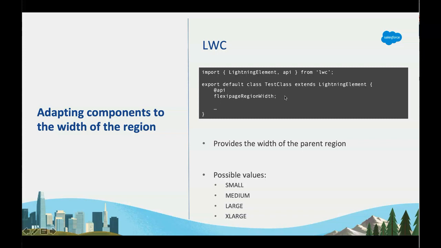All you need to do is specify a property named flexipageRegionWidth and make it a public attribute. And we'll detect that when rendering the page and insert that value in. So it's a lot easier in LWC, as you can see. The valid values that we provide are small, medium, large, and extra large. Where these values come from, Inba is going to cover as a part of the custom template section.